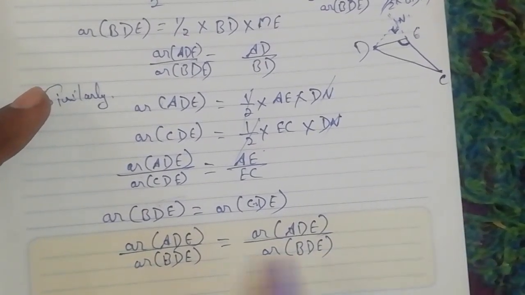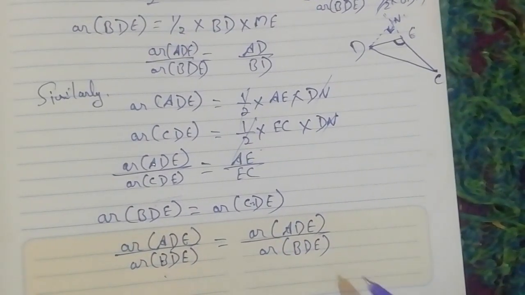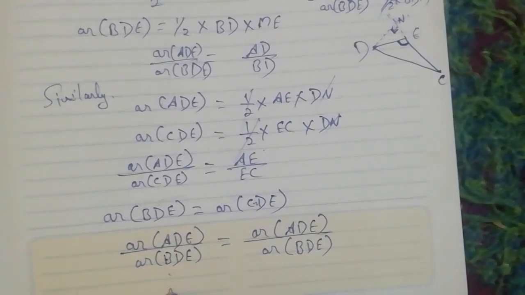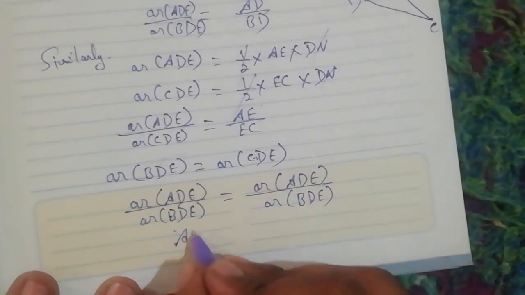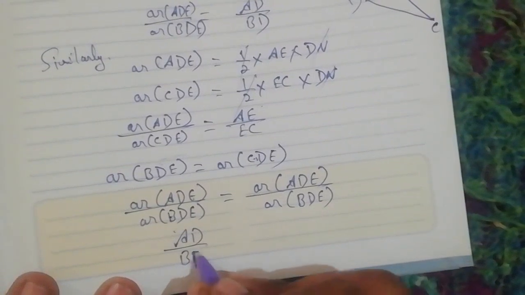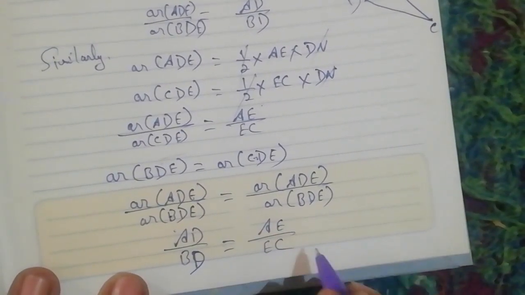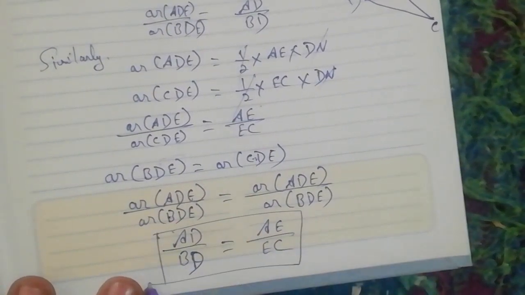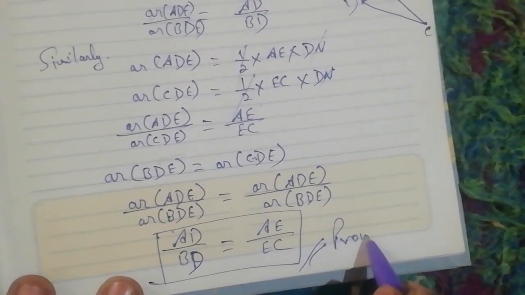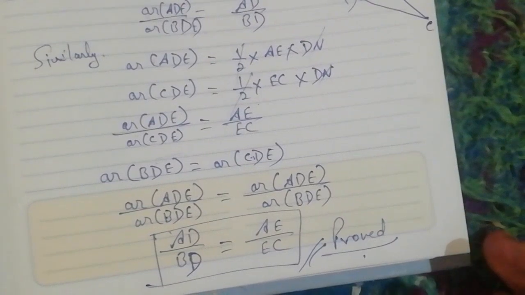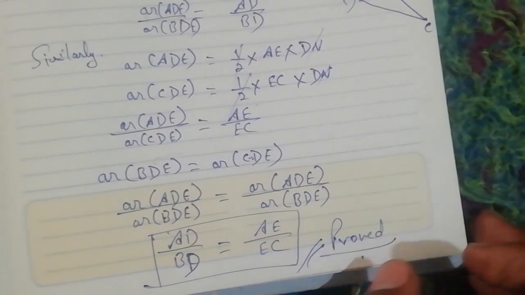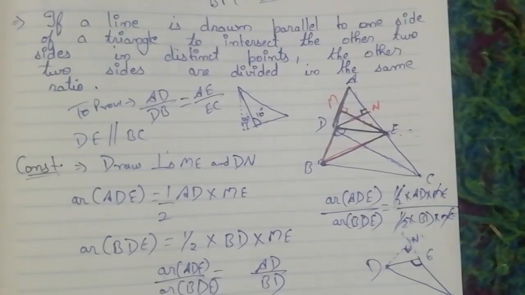So if their numerators are equal and their denominators are equal, we can also say that AD upon BD is equal to AE upon EC. So this shows that these sides are in proportion, and this is the proof of the basic proportionality theorem.